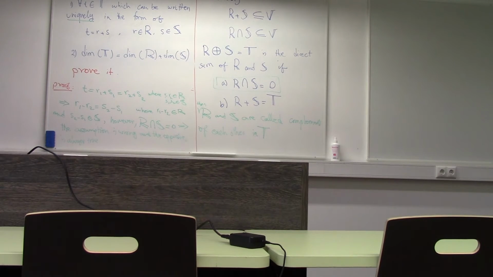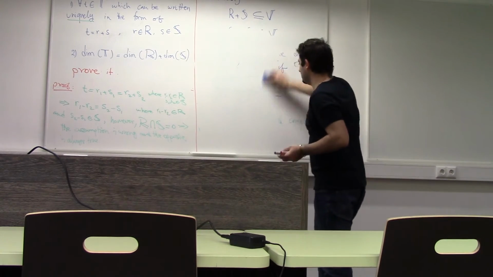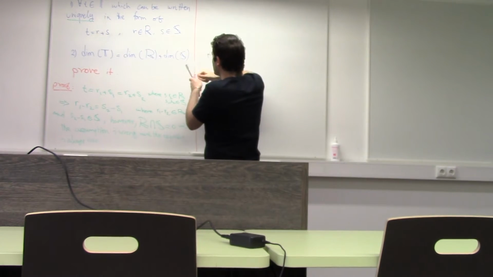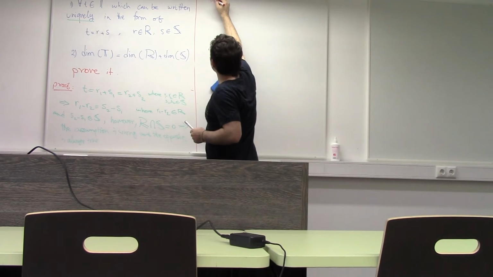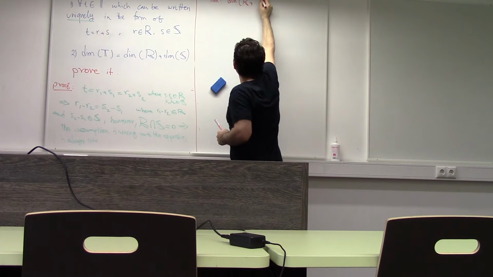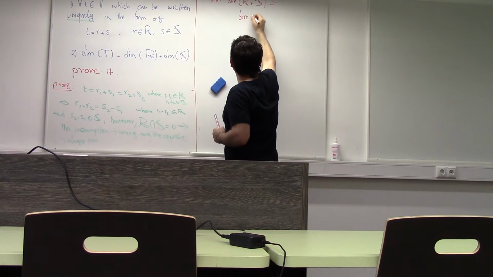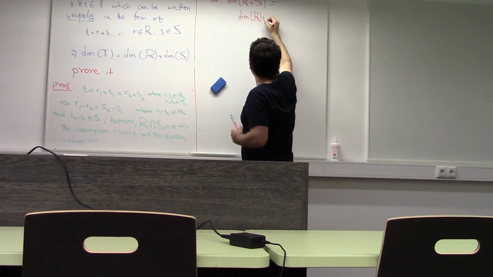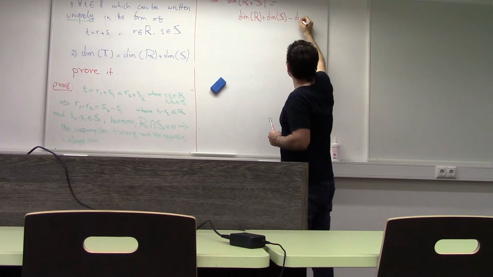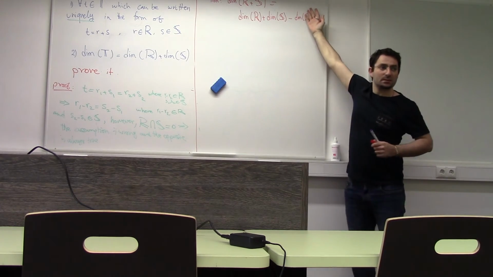For the second part, for the dimension, we need to know this small theorem, and I'll just write the theorem, and then you can easily see the answer. There's a theorem which says that the dimension of R plus S is the dimension of R plus the dimension of S minus the dimension of R intersected with S, which is 0.